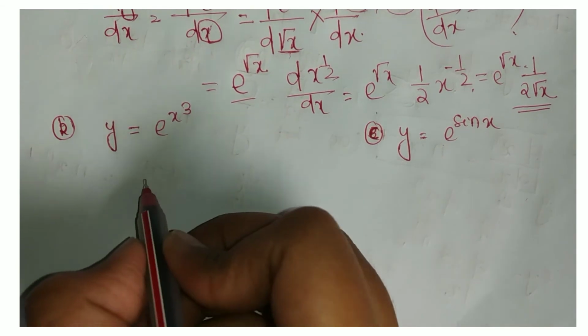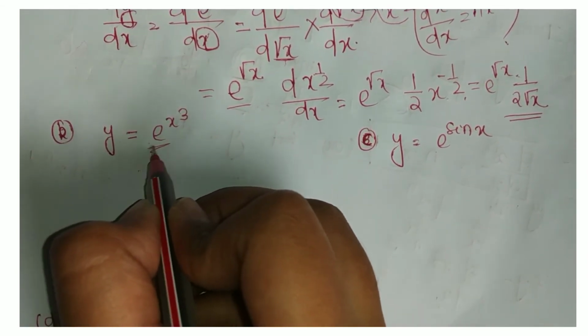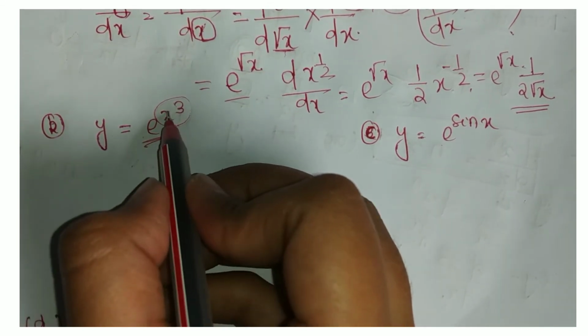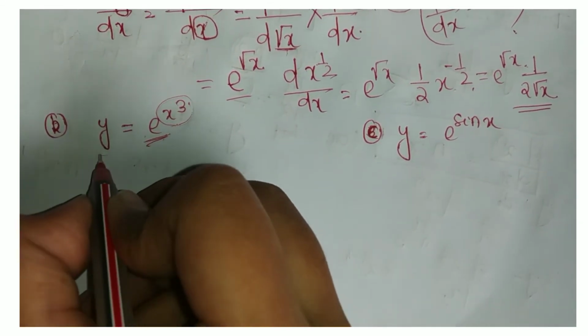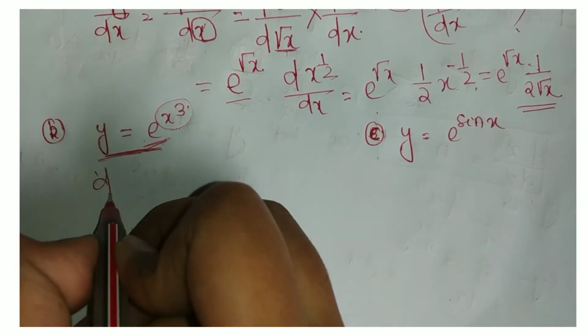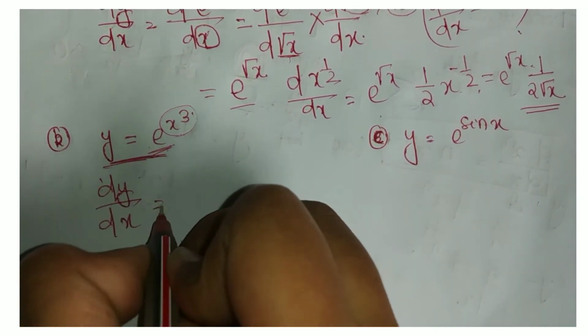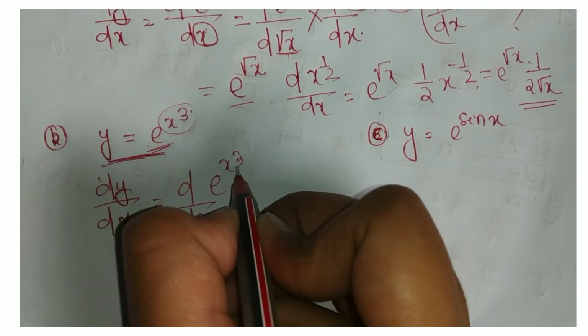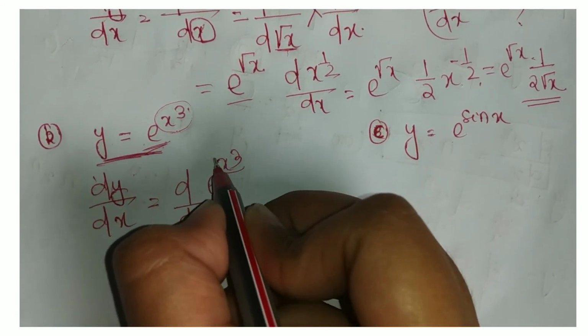Another example, y is equal to e to the power x to the power 3, that is e to the power x cube. Find the derivative of this function. So dy by dx is equal to the derivative of e to the power x cube with respect to x. Here these are different.